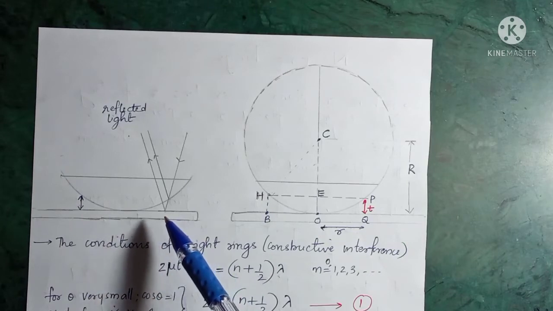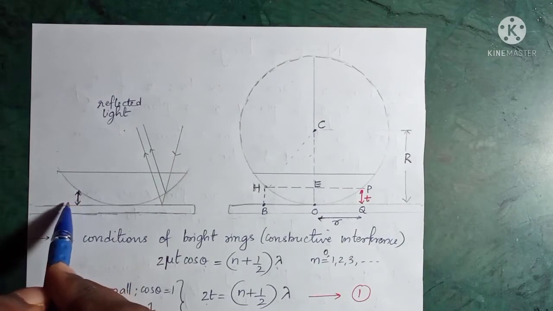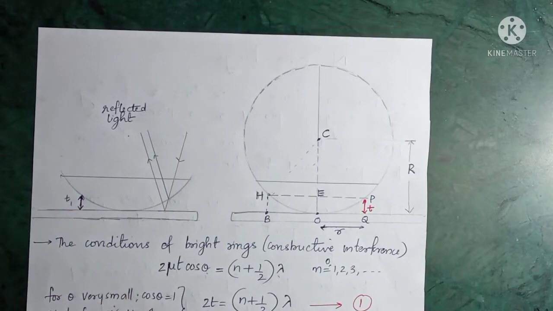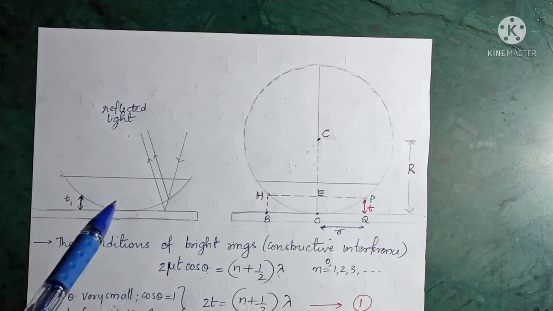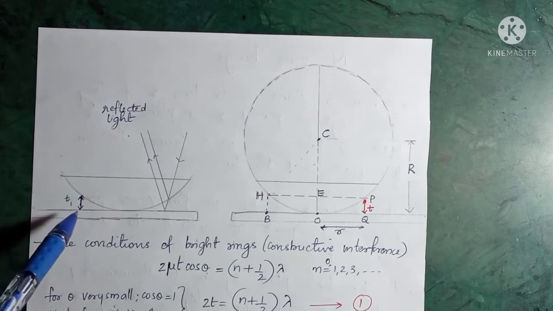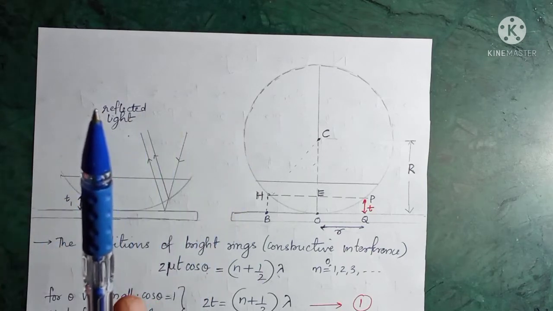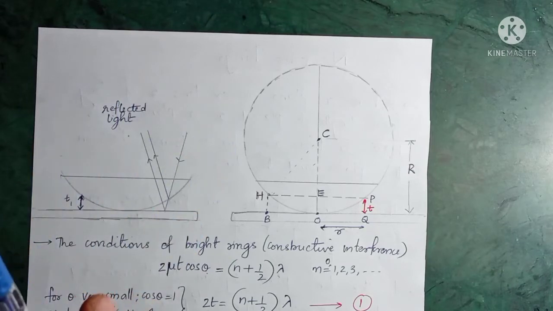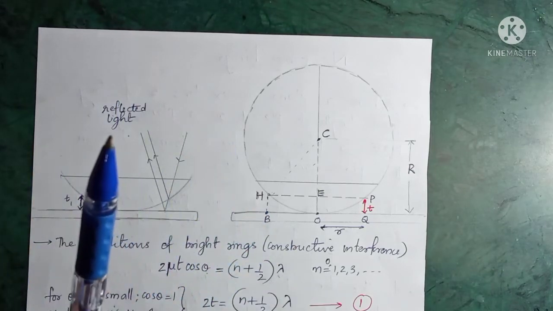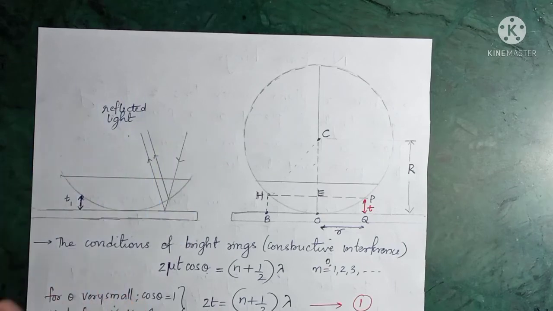For a particular thickness, suppose I consider this section with some thickness T1. All the points in the film having the same thickness T1 will form a fringe, and that will be in circular shape, which is why Newton's rings are circular. So all the points having the same thickness will belong to a particular fringe, which is circular.